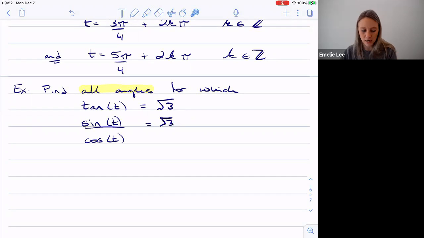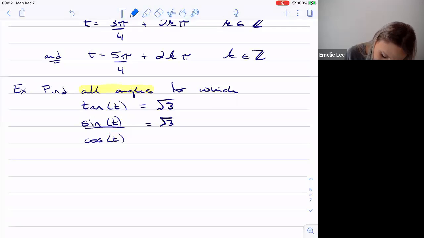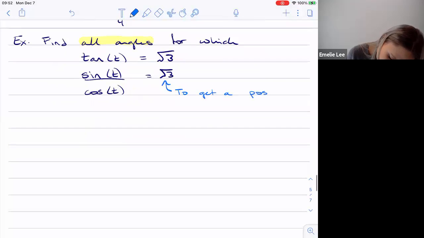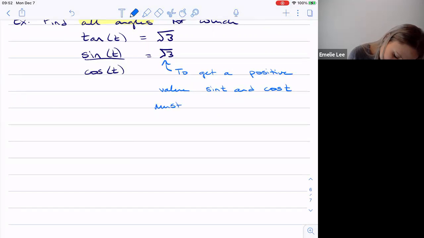What this tells me is that both have to be positive or both have to be negative. To get a positive value, sine t and cos t must have the same sign, but it can be positive or negative.